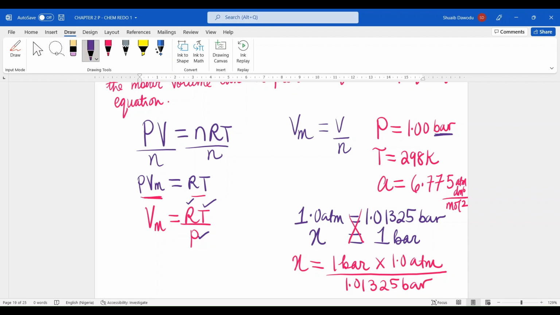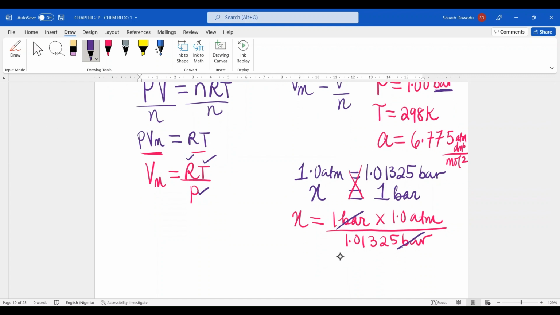We cancel out the bar, and X is equal to 1 divided by 1.01325. Using our calculator, X is simply 0.9869 atmosphere. So that's basically it.